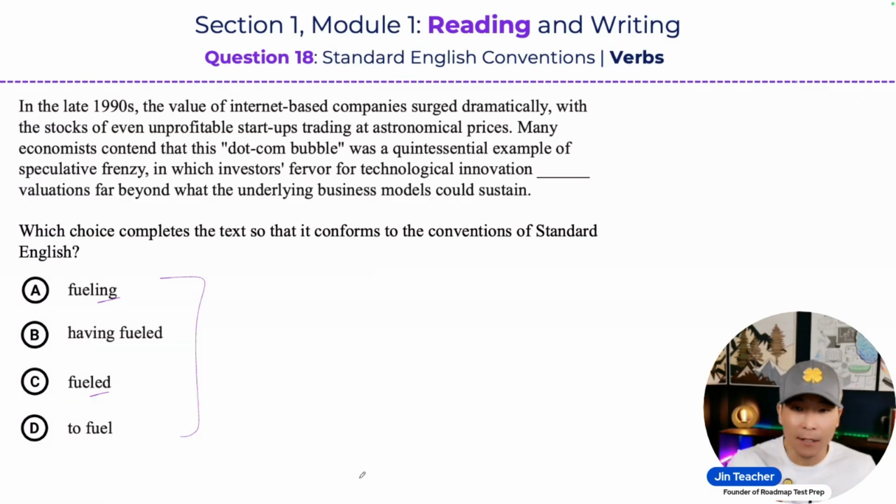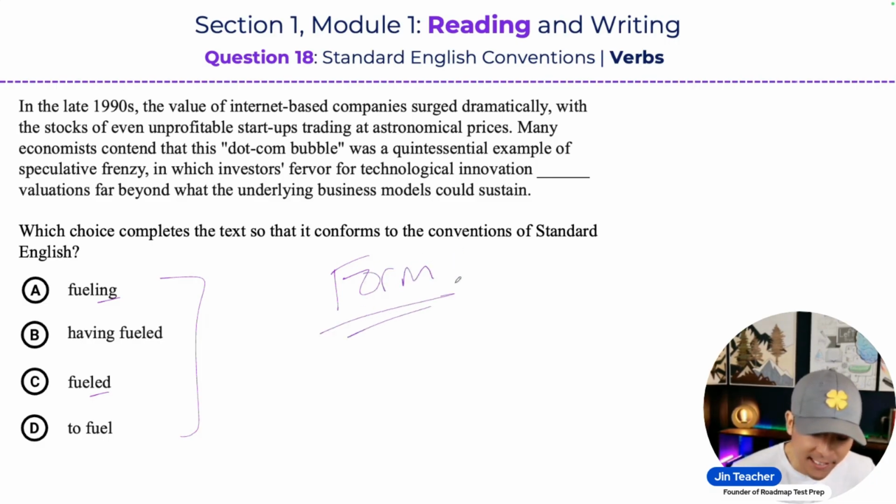You're going to be able to tell that you're being tested on subject-verb agreement because in the answer choices, you're going to see differences between a singular verb and a plural verb. That's one obvious clue. Now, the second way that you can be tested on verbs is what you have here. This is called verb forms. A verb form is just a fancy way of saying how the verb is written.